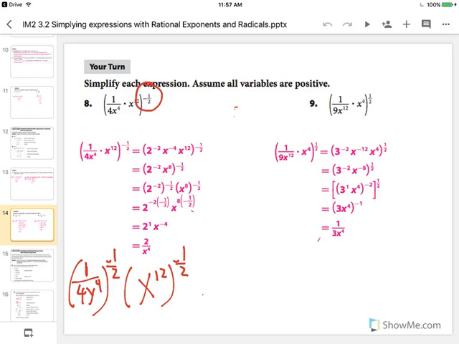Then we have the power is negative, so we can use the reciprocal. So this becomes 4x to the 4 power over 1.